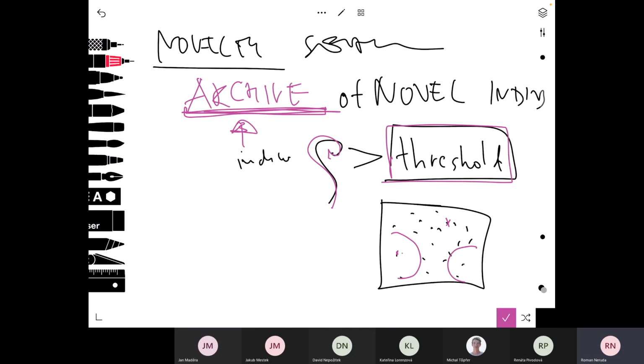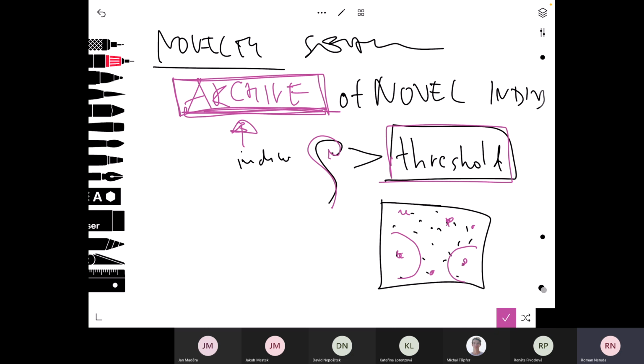And there's one more thing, that the archive is global, and it should represent the sparse individuals that you already have.